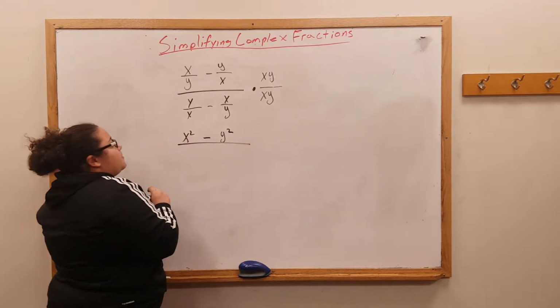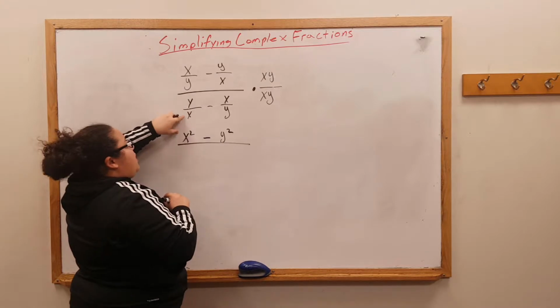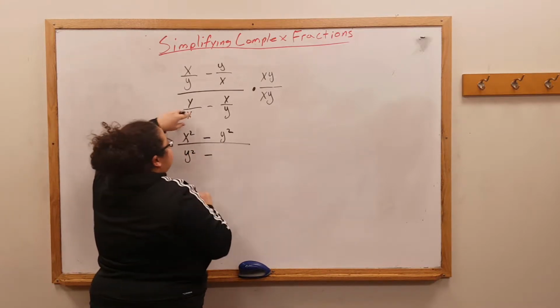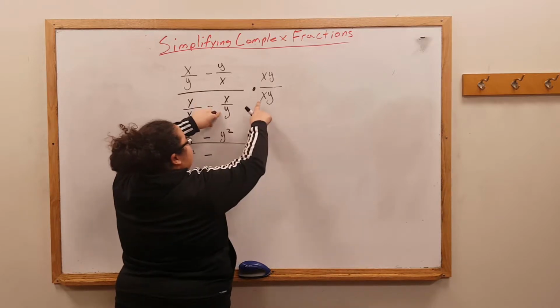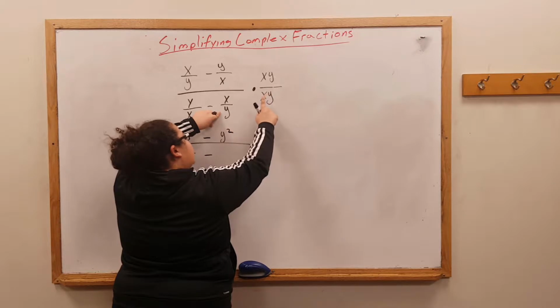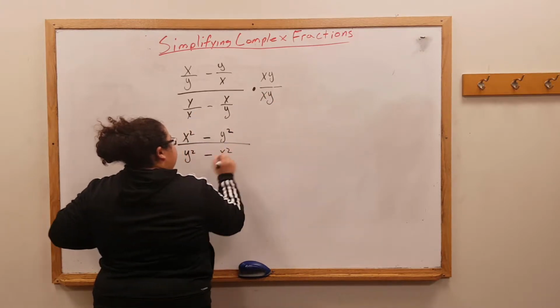All over, again, xy times y over x, we get y squared, minus xy times x over y, we get x squared.